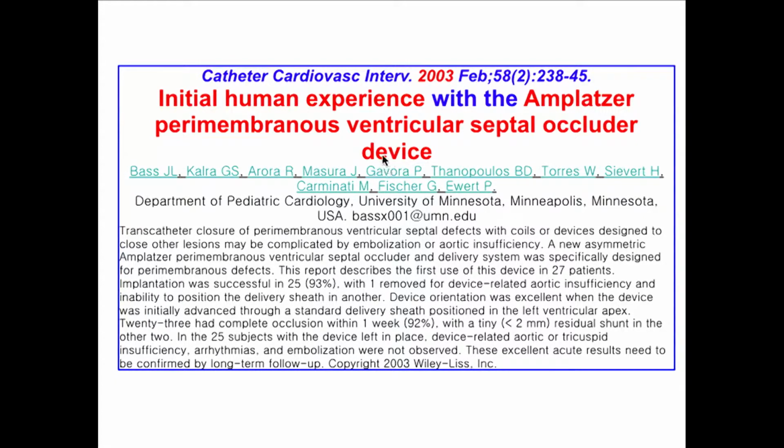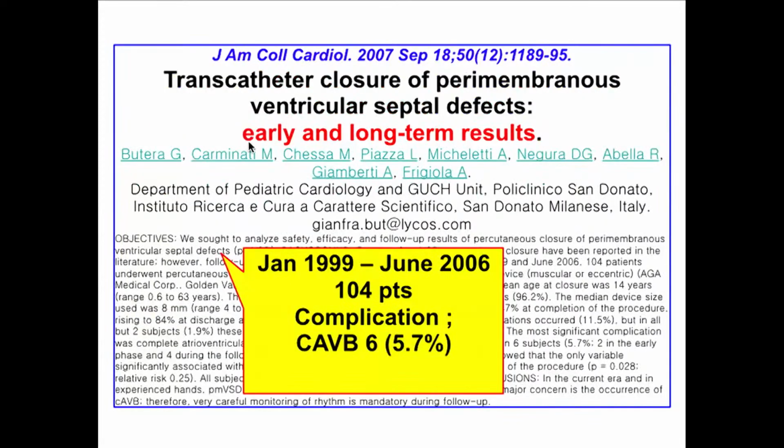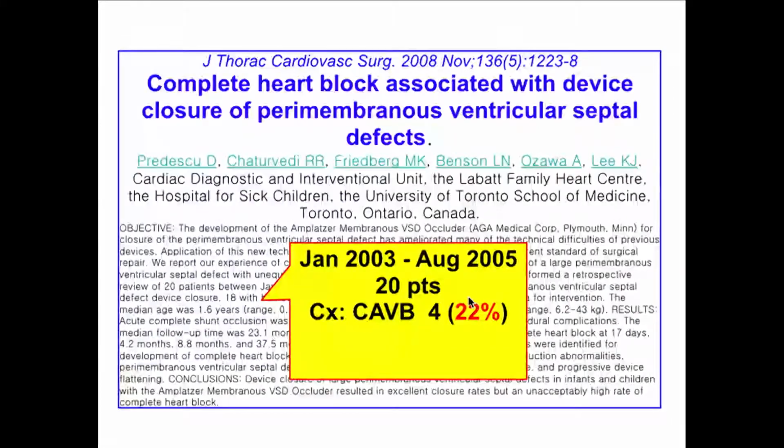The first percutaneous closure of the perimembranous VSD with a device was published in 2003 using an APCIS PM-VSD occluder. However, its long-term result was not so good. The complete AV block rate is 5.7%, and in the Toronto group, the rate is around 22%.